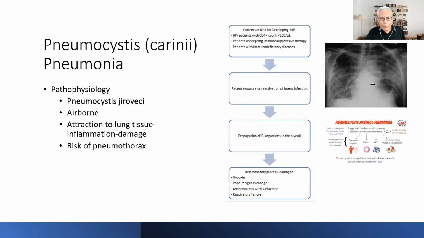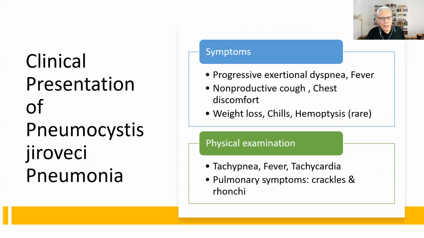All right. So we already talked about pneumocystis carinii pneumonia. And what I wanted to do is just talk a little bit about the clinical presentation of these patients. So how do you know that somebody has pneumocystis? Well, the presentation usually is going to be a progressive difficulty of breathing, and sometimes or most of the time accompanied by fever.